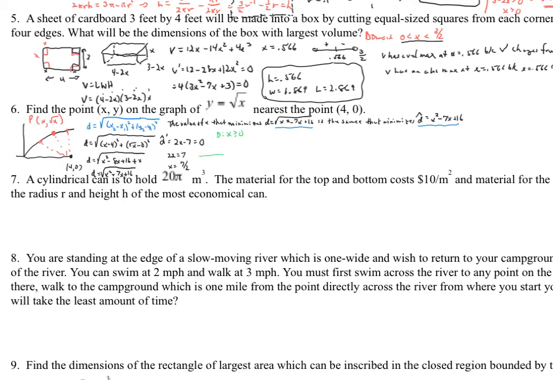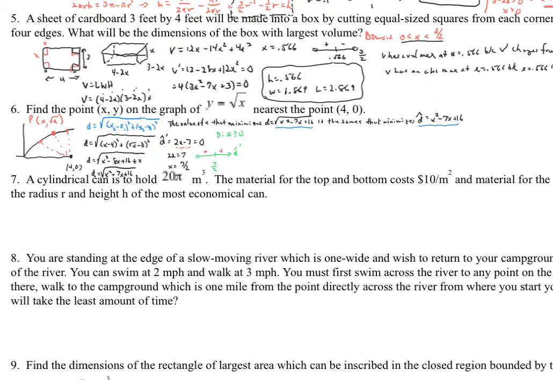So if we look at our d hat prime, and we're going from 0 to forever, we'll put 7 halves right there. If we plug in something between 0 and 7 halves like 1, we can see that that's going to make our derivative negative. If we plug in something bigger than 3.5 like 4, then we'll get a positive.